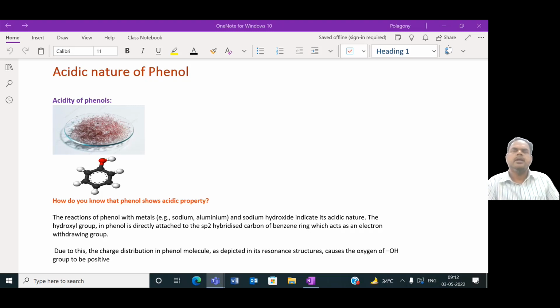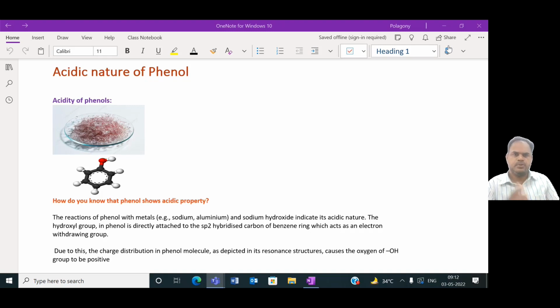Simple phenol reacts with metals, particularly sodium and aluminum, and it reacts with sodium hydroxide. By reacting with metals it releases hydrogen gas, as metals react with acids. When it reacts with sodium hydroxide, we understand the acidic strength easily.